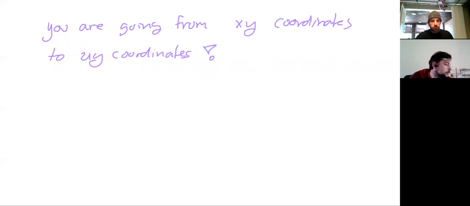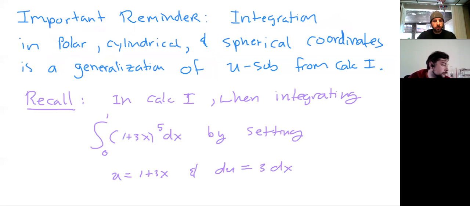So let's look at it from a geometric standpoint, if you will. So let's go back a page. What was the original function? Well, the original function was 1 plus 3x to the 5th, say. So what does that graph look like?